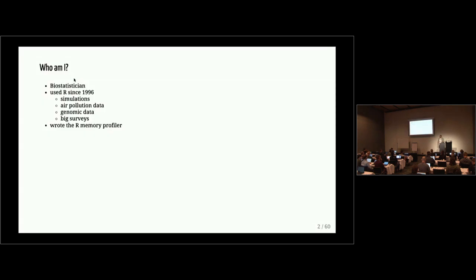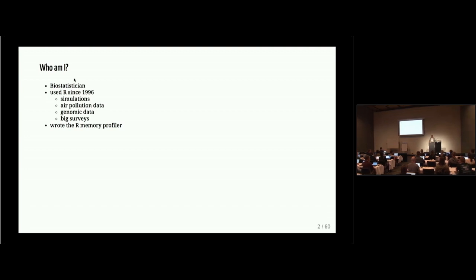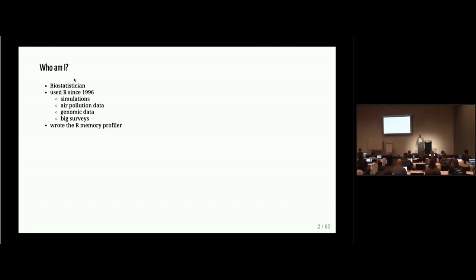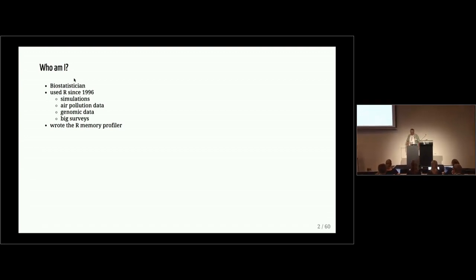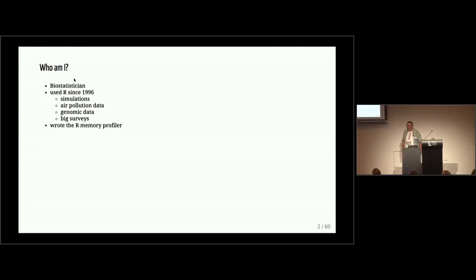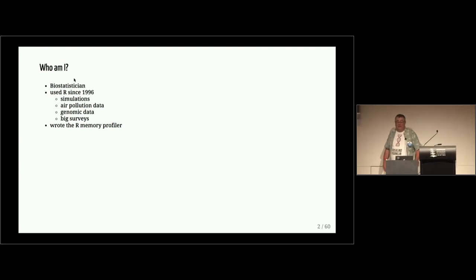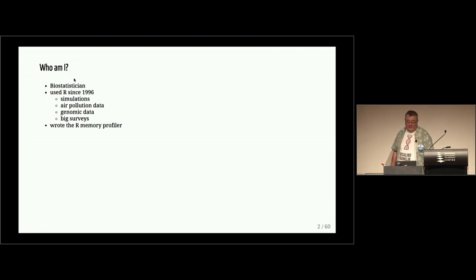A bit of introduction. I'm a biostatistician. I've been using R since 1996, which is longer than most of you, looking at Luke lurking in the back there. So a range of things: simulations, analyzing air pollution time series, big genetic data, genome-wide association studies, big surveys.